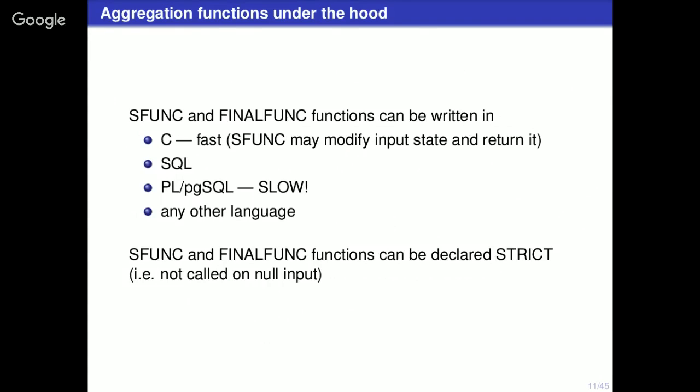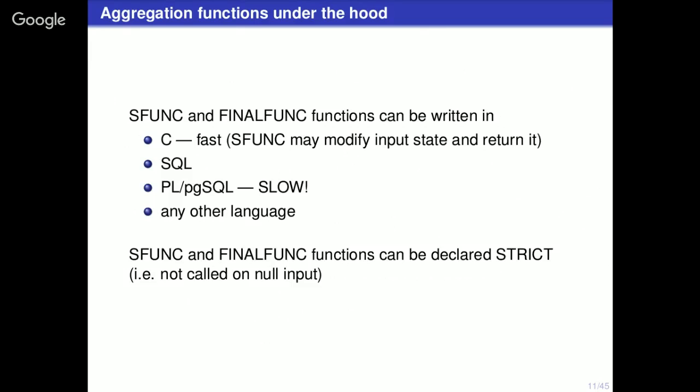Those functions are ordinary functions, ordinary stored procedures. They can be written in any language that is supported by PostgreSQL. The preferable is C, because it's fast, not only because it's low level, but also because the transition function can reuse the previous state value to compute the next one without copying, without allocating new memory.